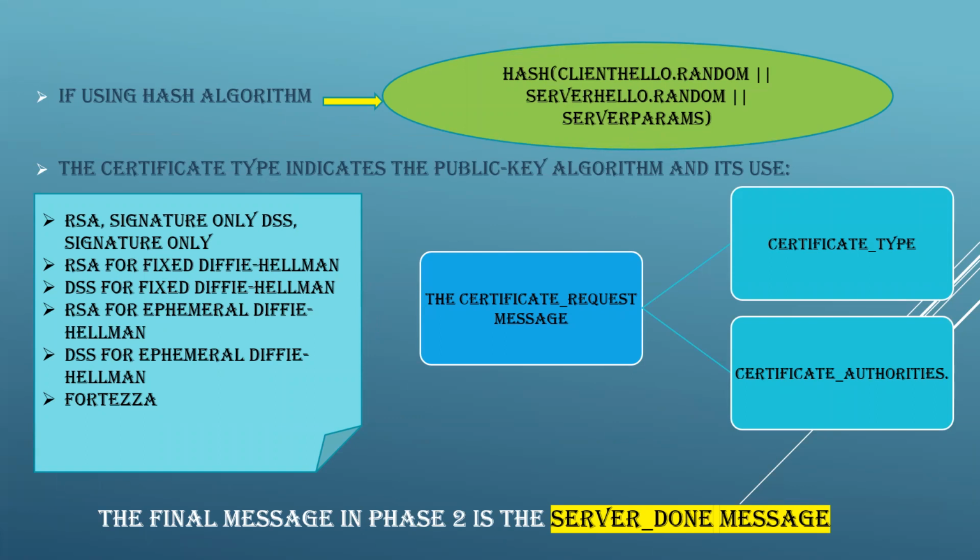And suppose that after using the hash algorithm, the exchange and the client and server authentication is done, then next you have to move to a public key exchange, wherein algorithms like RSA signature only, DSS signature only, RSA for fixed Diffie-Hellman, DSS for fixed Diffie-Hellman, and DSS for ephemeral Diffie-Hellman are used.